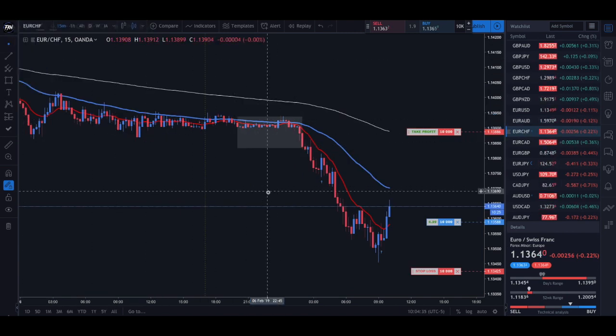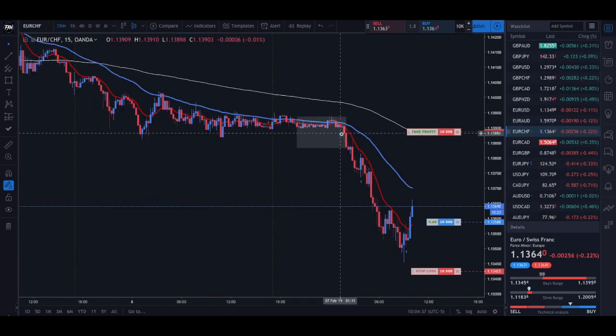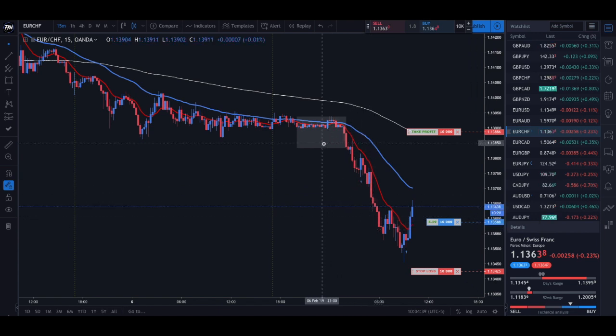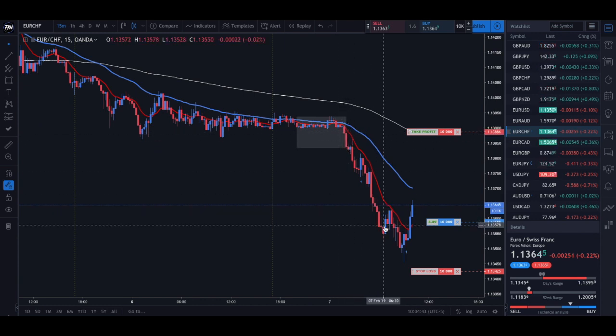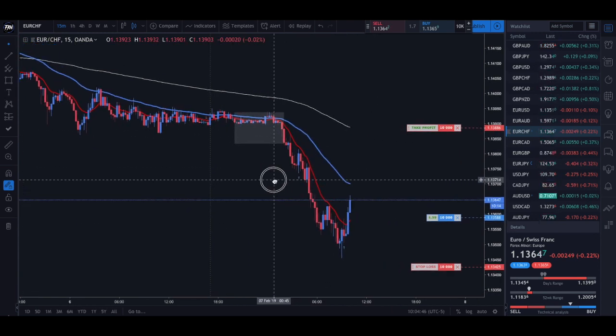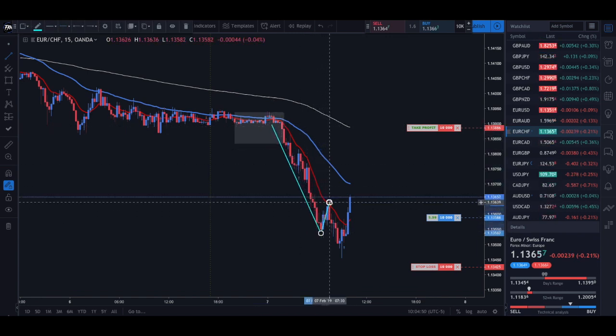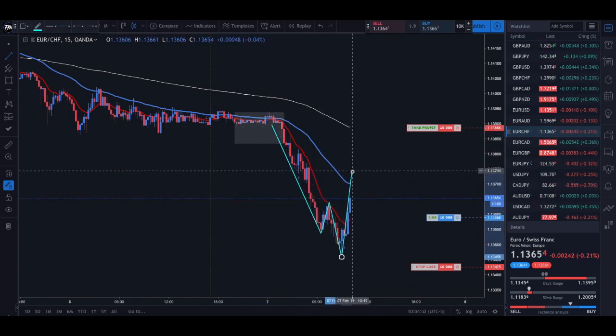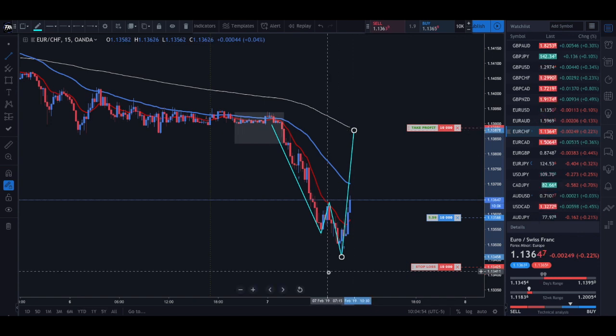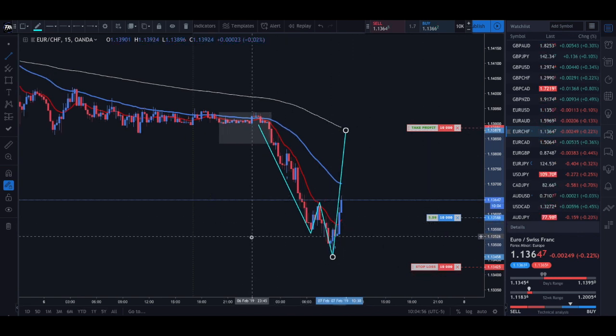So Euro Swiss didn't give us a good setup, even though it dropped dramatically and it was awesome, right? It didn't give us quite a setup here to trade it, but it did end up giving us a nice setup for this to happen. So as you can see, it's what I'm going to trade now.